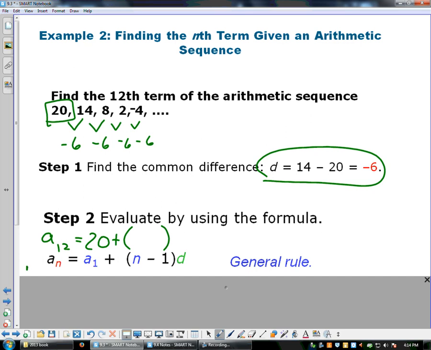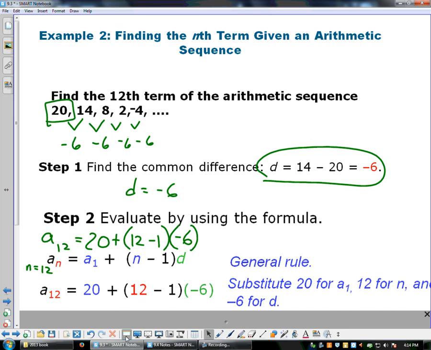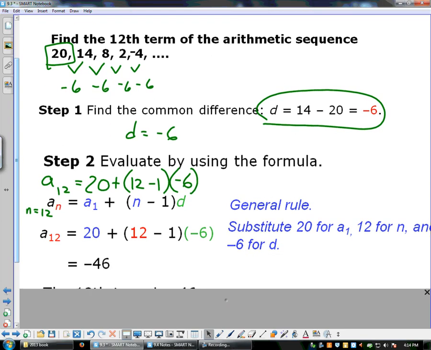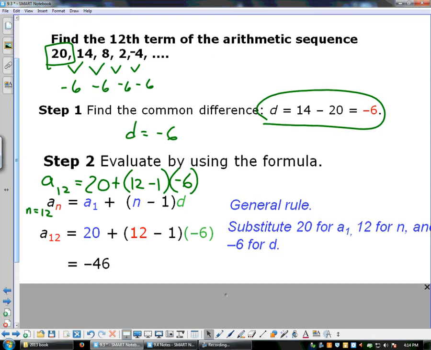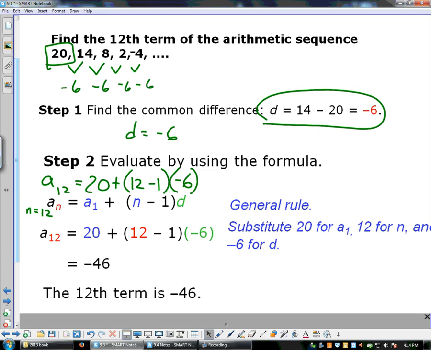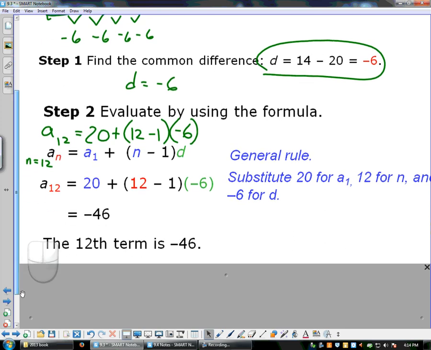Remember, n is 12 in this example, so I really need 12 minus 1 times our common difference, which we already saw was negative 6. d was equal to negative 6. And so when we work this out, we end up getting negative 46. All right, the 12th term of the sequence is negative 46.